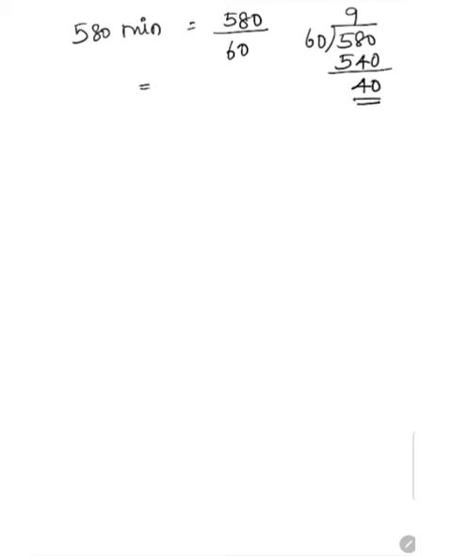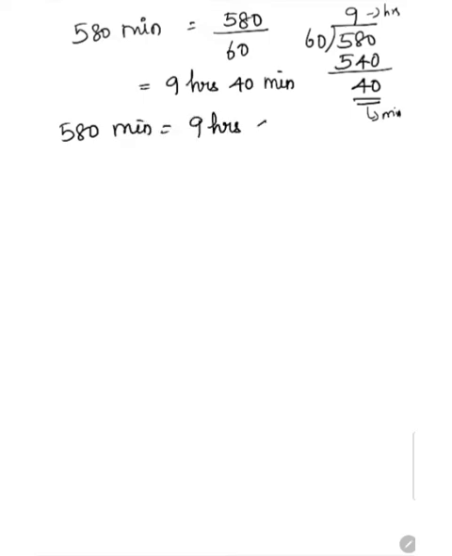So the quotient is hours and the remainder is minutes. So this is 9 hours 40 minutes. So 580 minutes is equal to 9 hours 40 minutes.